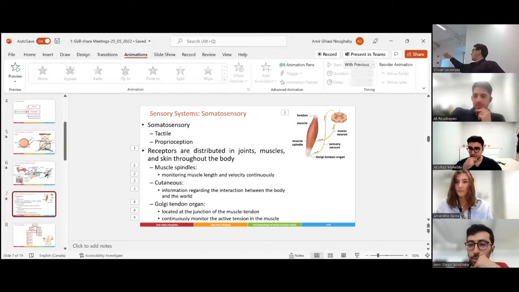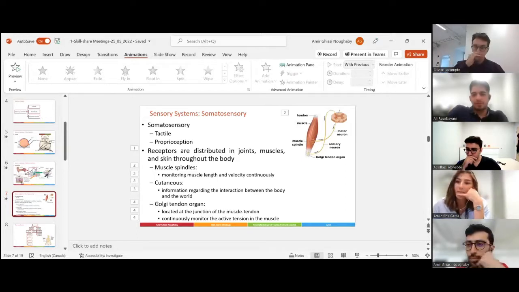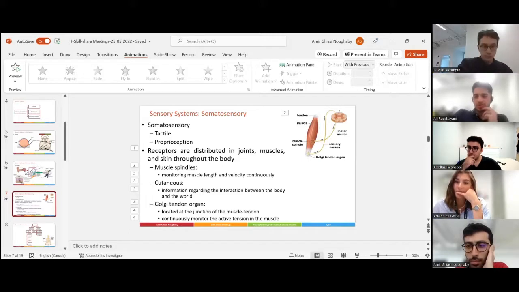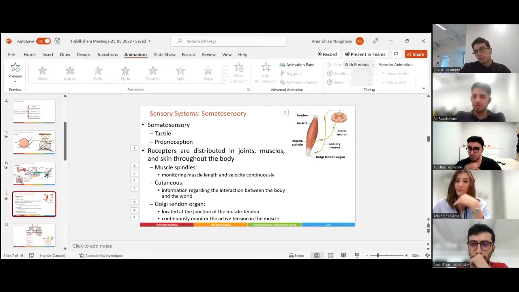Do you want to say something? Yeah. I believe that there are receptors in the ligament as well. I'm not sure, but there are a lot of receptors in the body, receptors detecting displacement, velocity, temperature. There are different receptors in the ligaments as well.